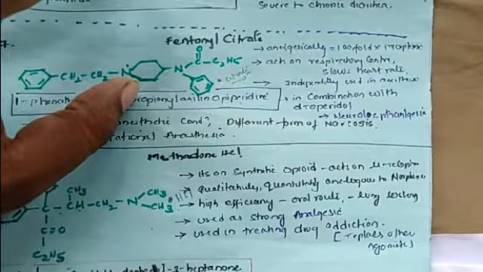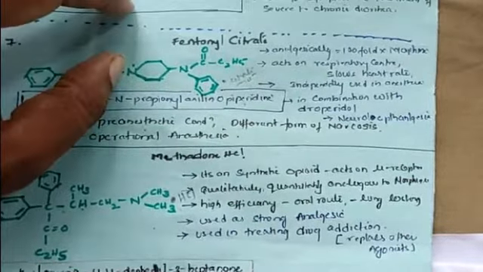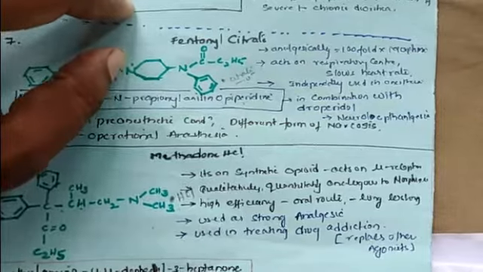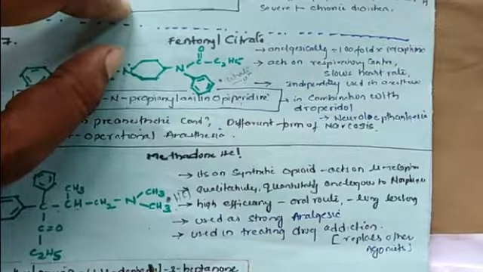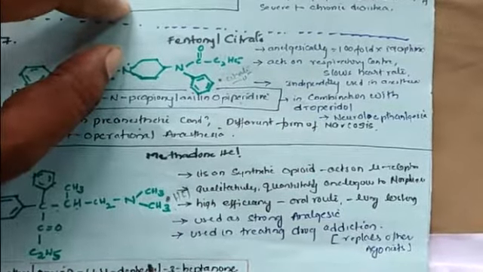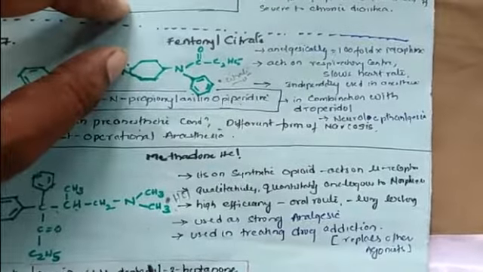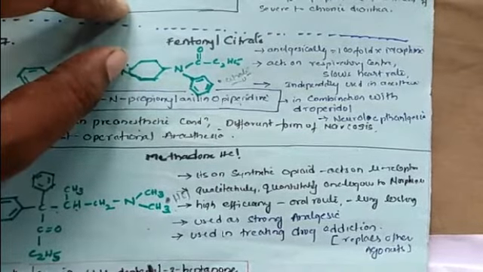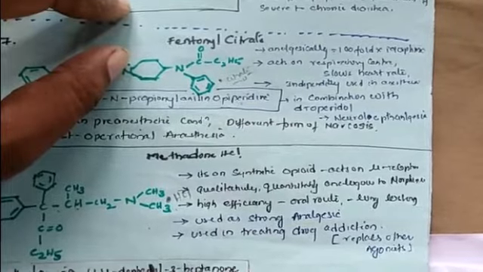Methadone HCl is a synthetic opioid. Natural opioids are called opiates. The opiates are very addictive drugs. To treat patients addicted to natural opiates, the best drug is methadone.